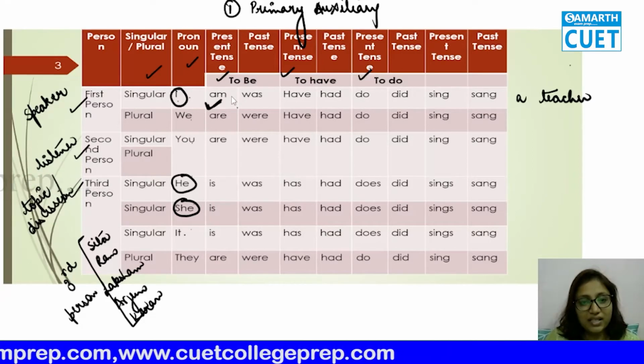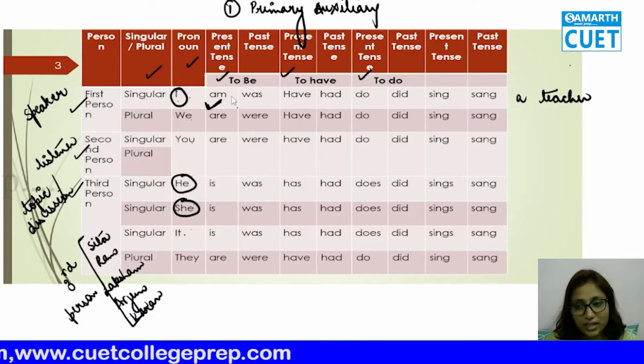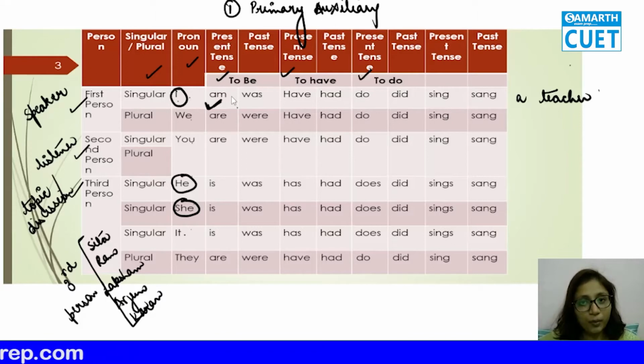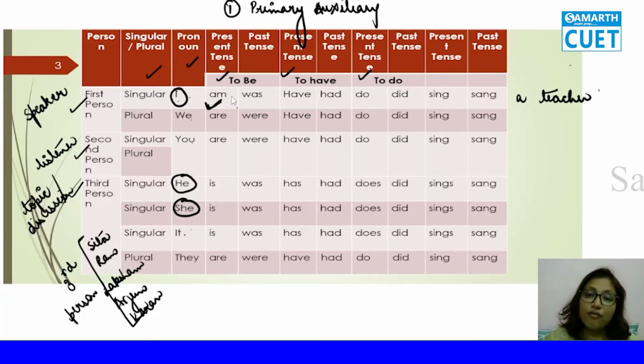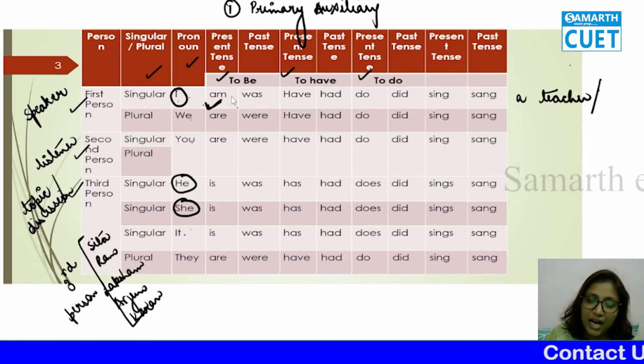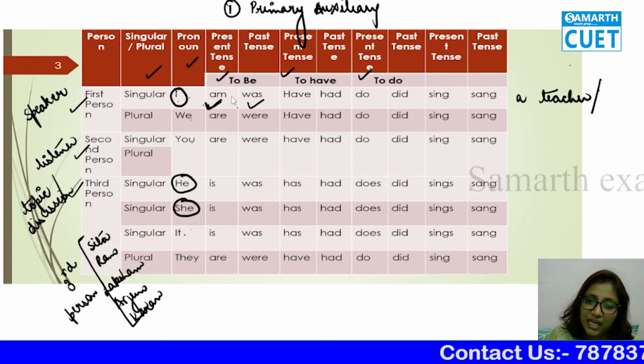And in past tense, I was. That means मैं अभी पढ़ाती हूँ, I am a teacher. मैं पढ़ाती थी, I was a teacher. So in present tense it is taking am, and in past tense, I is taking was.